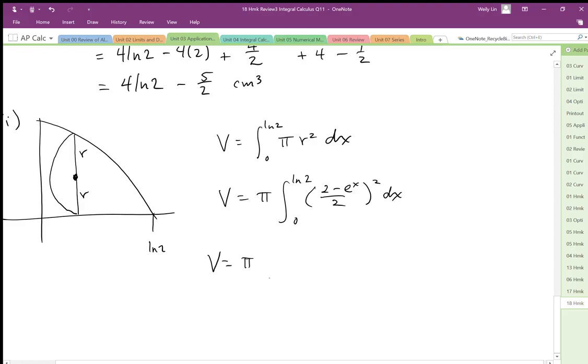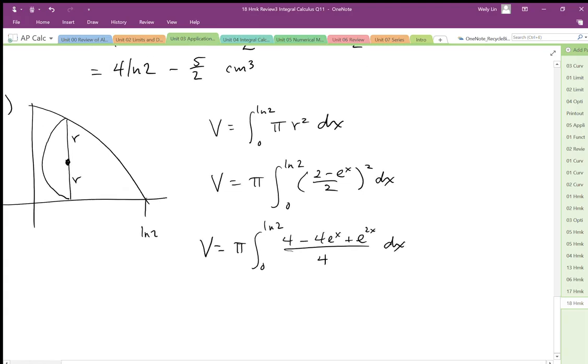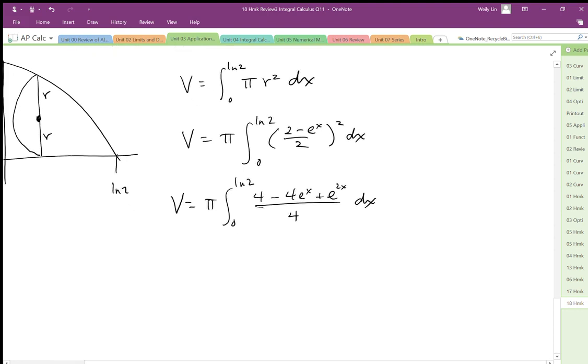Pi from 0 to log 2. Expanding that gives me 4 minus 4e to the x plus e to the 2x all over 4, times dx. I can do this a few different ways. I'm going to leave that 4 in there and integrate this. So my volume is equal to pi.